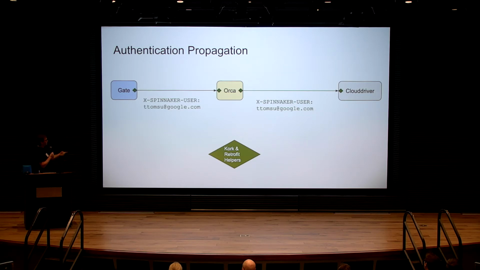In this case, using some of the Kork and Retrofit helpers that are built in, each one of the services has these shared libraries built into them, and they do it specifically using an HTTP header called X-Spinnaker-User.